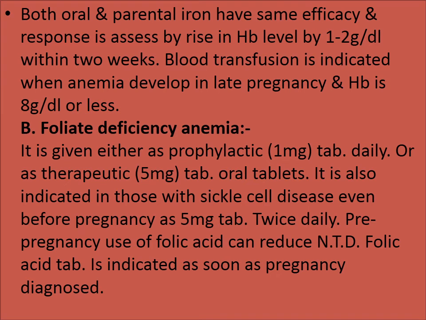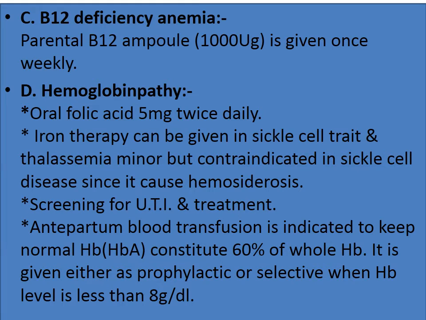Pre-pregnancy use of folic acid preparation can reduce the chance of developing a neural tube defect. Folic acid tablet is indicated as soon as pregnancy is diagnosed. B12 deficiency anemia is corrected by parenteral B12 ampoule containing 1000 micrograms of B12 given once weekly.